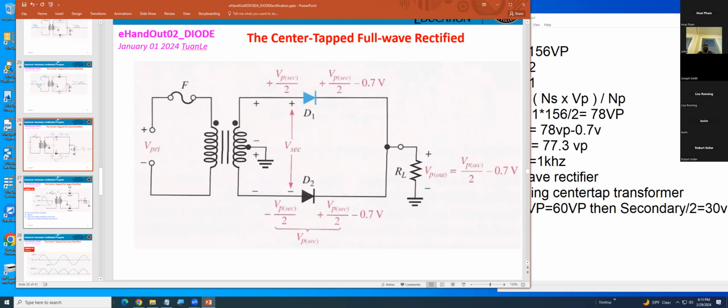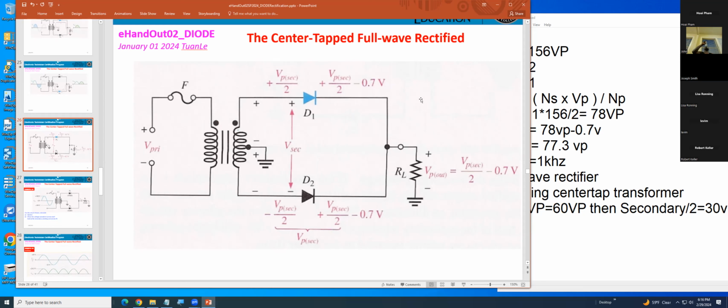And also, same thing in here, they've given you a little more detail. First thing, you can see, understand, if we pick V peak secondary divided by 2, that means the voltage from here to here. However, after the diode D1, the voltage will be V peak secondary divided by 2, but you have to minus 0.7 volt.